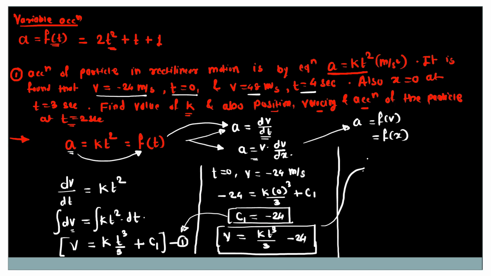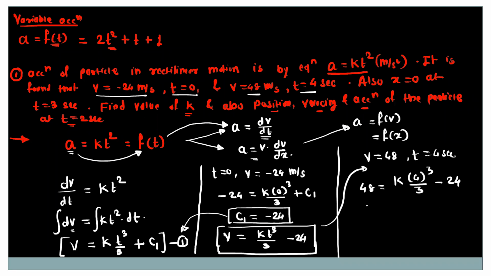So second condition is v is equal to 48 when time t is equal to 4 seconds. So put this condition in this equation. So velocity is 48, so this is equal to k, time is 4 seconds cubed, divided by 3 minus 24. Okay, so solve this equation.